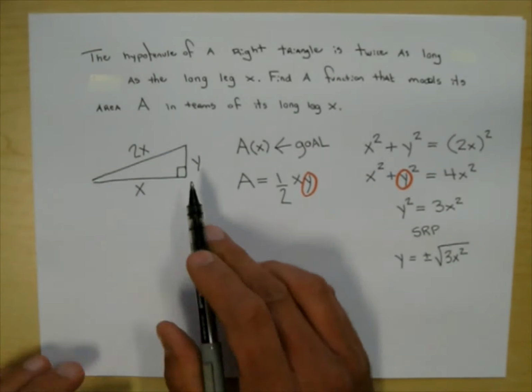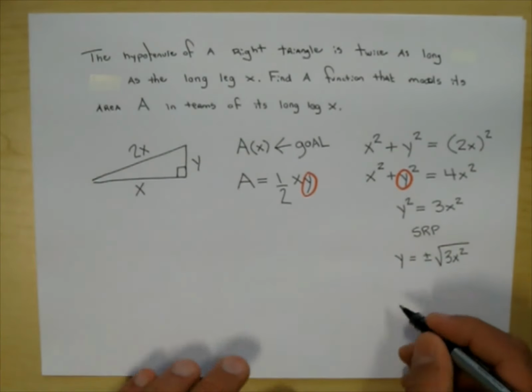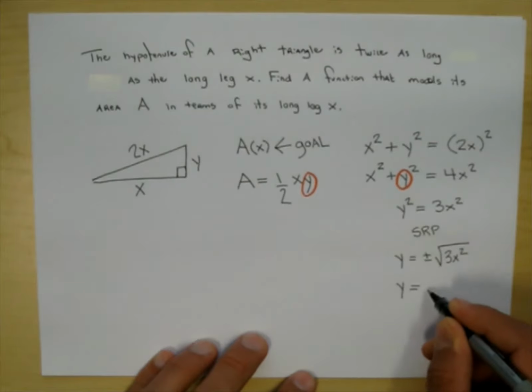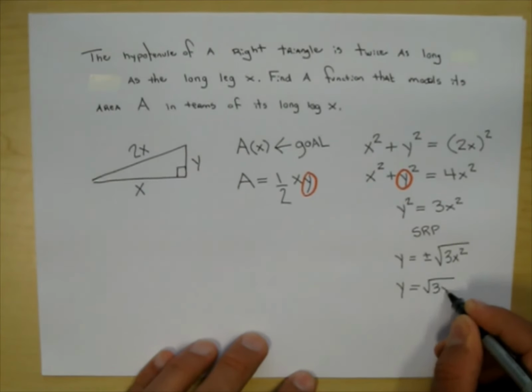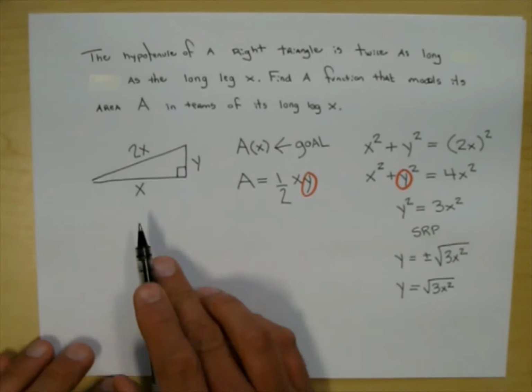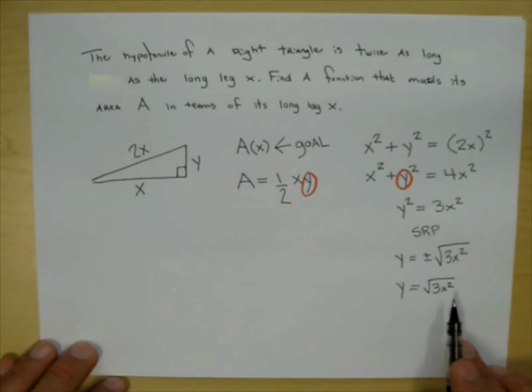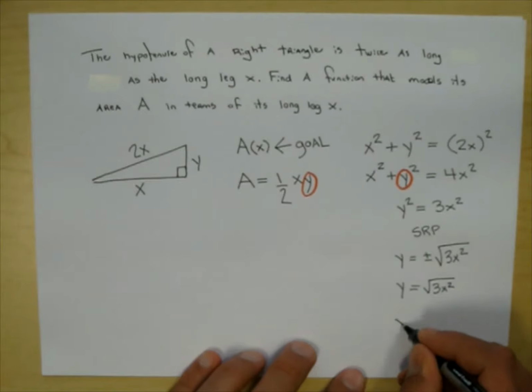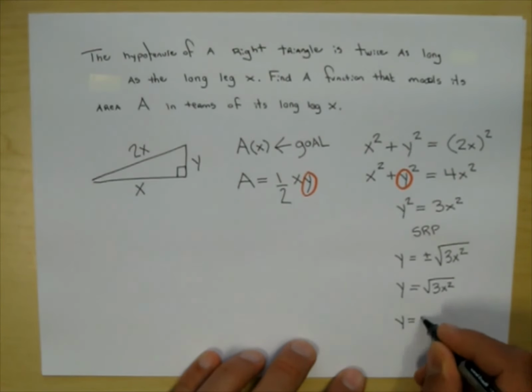Well, we know that y is a length, so it's not going to be negative. We also know that x is positive, so the square root of x squared when x is positive is just x. So y equals x root 3.